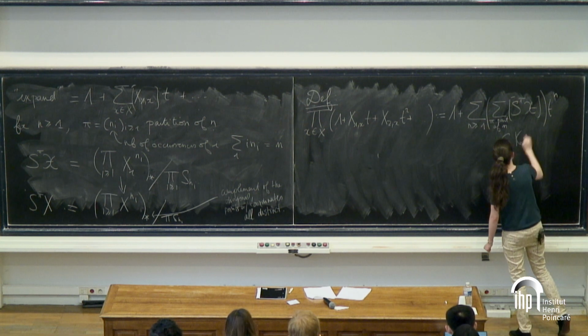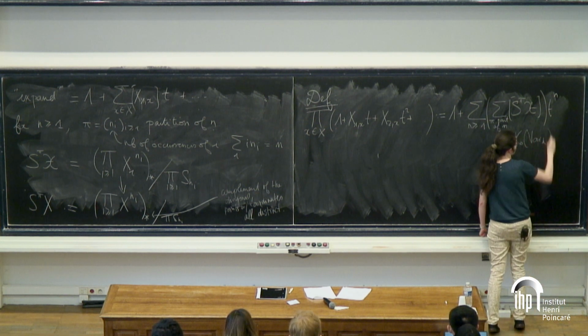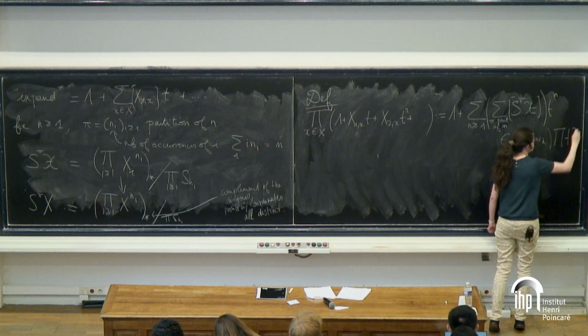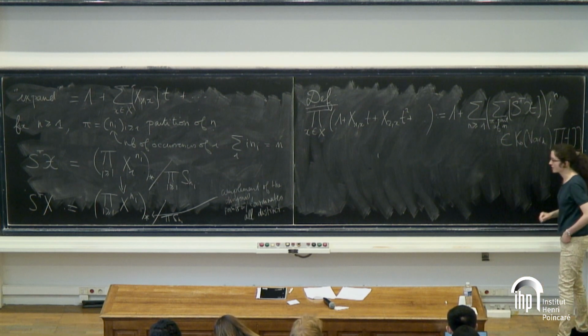So this is defined as a series with coefficients in the Grothendieck ring of varieties.